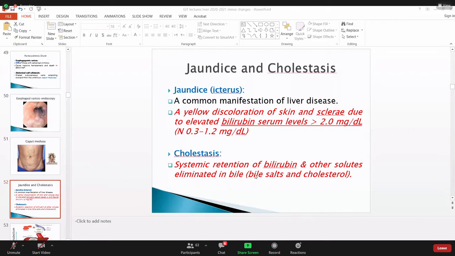There will be retention of bile salts and cholesterol and abnormal fat metabolism if the liver function or bile function is lost. فلما يصير في obstruction outside the liver بيعمل لي cholestasis. Okay, بيعمل لي retention of bilirubin مع bile salts and cholesterol, and cholesterol will not be metabolized properly.